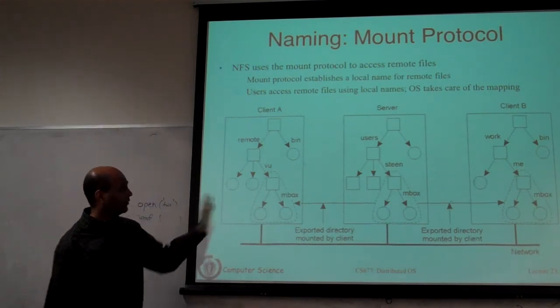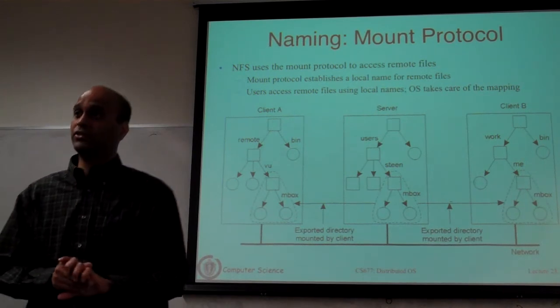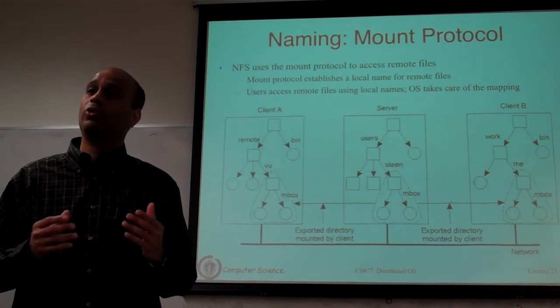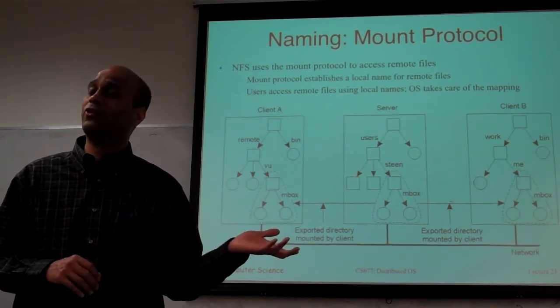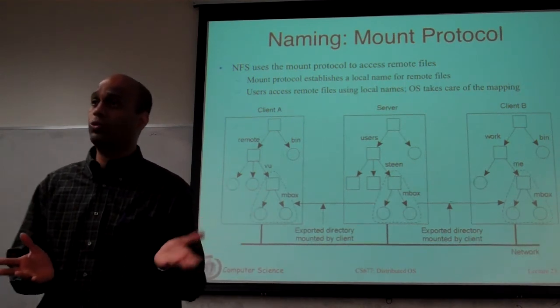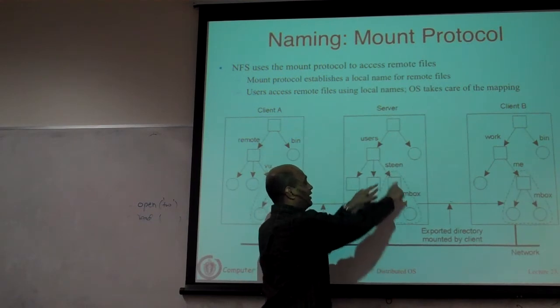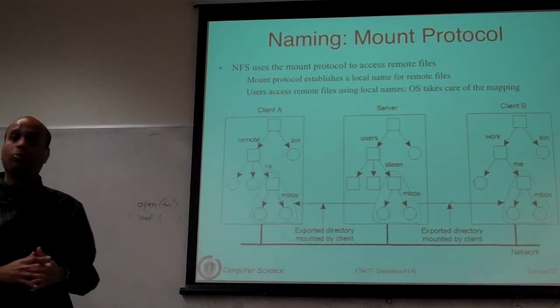Okay. So this slide is showing how clients can access files stored at the server. NFS has this notion of a mount protocol. Mount protocol allows you to establish a connection with the server and access some file or some part of the subtree that is stored at the server. Okay, so it basically shows you the server that has exported a certain part of its subtree. In this case, these are user home directories.